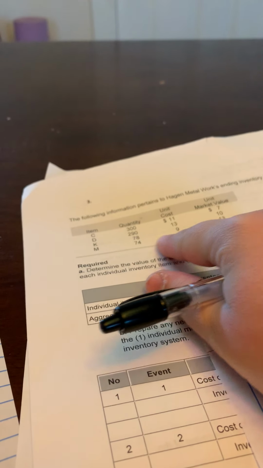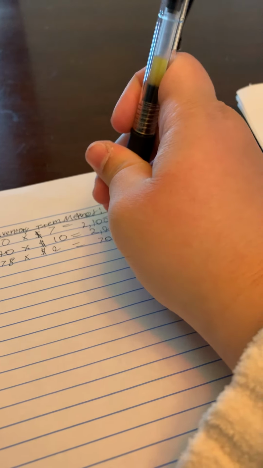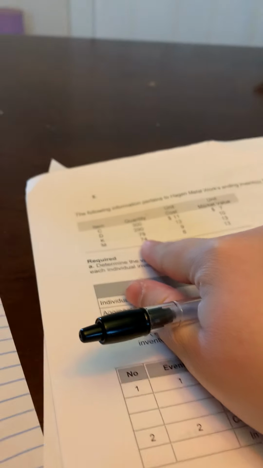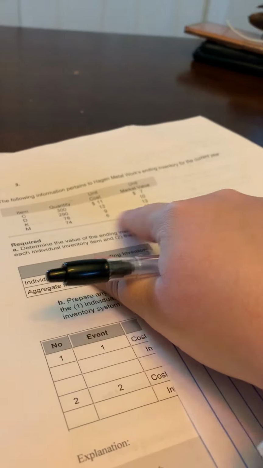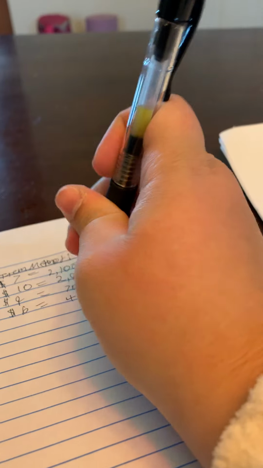K is 78 times the cost of 9, which is lower than the market value. So 78 quantity times $9, which is 702. And then 74 times what's the lower of cost or market? It is 6. So 74 quantity times 6, which is 444.